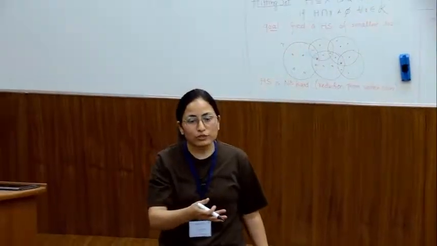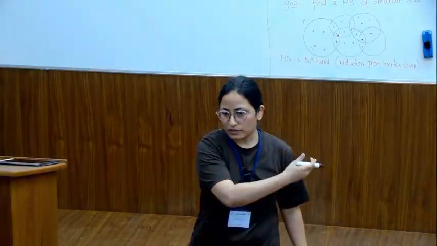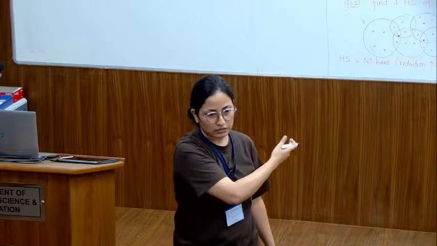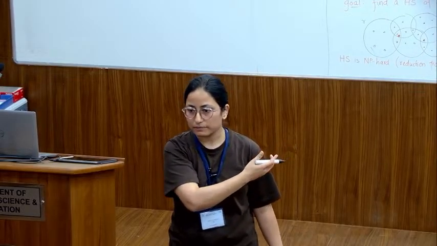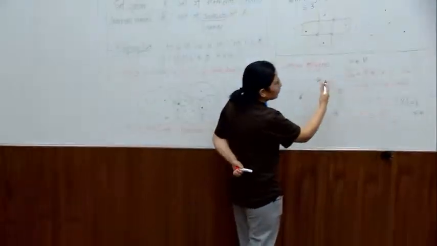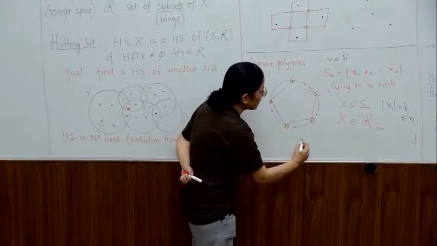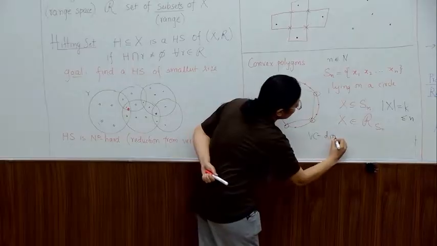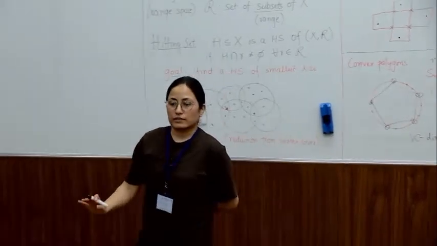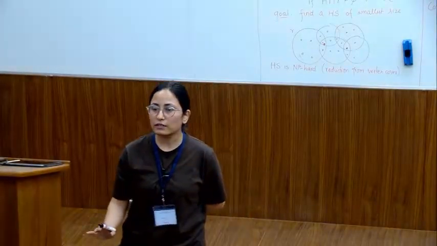So this argument shows that no matter what subset I have of S_n, we can always have a range which will only intersect the selected set. Right? So S_n can be shattered, and this n you can make arbitrarily large, which means that the VC dimension here is not bounded. It's infinity. Clear?